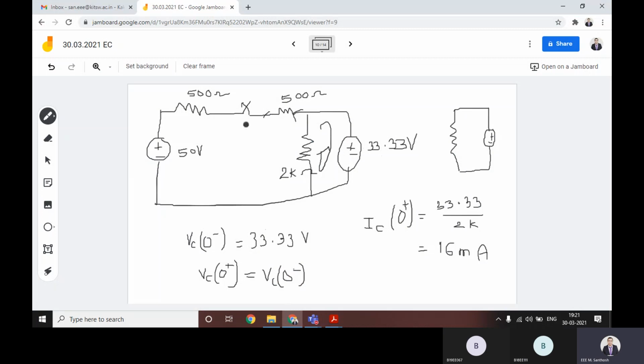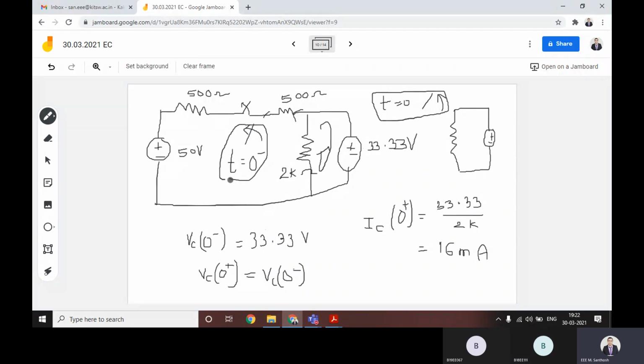Here in case of source free, at t is equal to 0 minus, what we are talking about is that the switch is connected. At t is equal to 0, they are doing disconnection. That means they are opening the switch. Understood? This is what is happening.